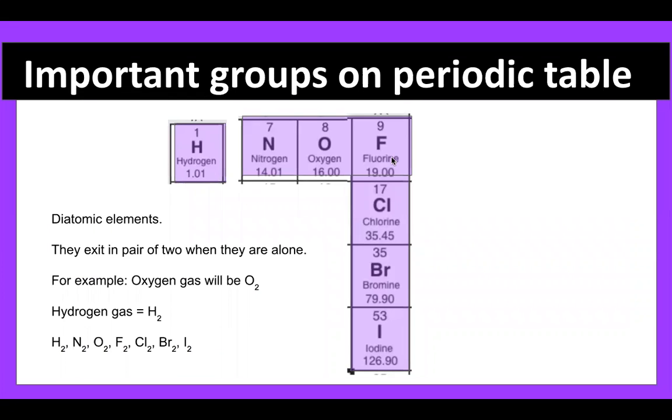Okay, so the next few you want to know are these. Hydrogen, nitrogen, oxygen, fluorine, chlorine, bromine, iodine. These 7 of them are called diatomic elements. That means whenever they are alone, they are actually in a pair of 2. So when we say oxygen, it's O2, when we say hydrogen, it's H2, and so on.